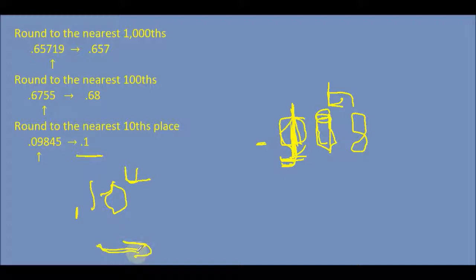It's a 1 and a 0. So you can leave that 0 off. When you're writing 0.09845, you have to write the other numbers, but the answer in rounding to the nearest tenth is 10 cents. So 0.10 is the same as saying 0.1.